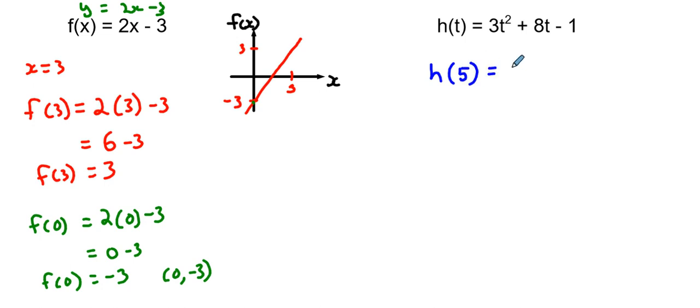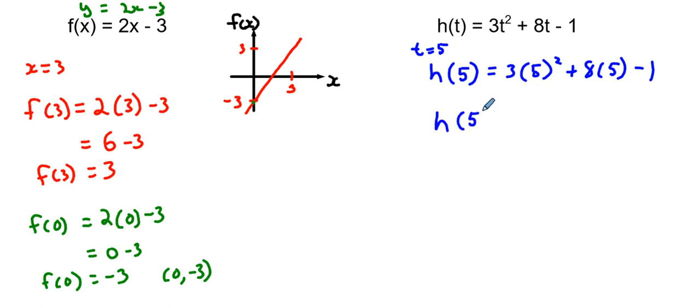And I do that by substituting in for t with 5. So we are solving here when t equals 5 is what we're actually substituting in, right? So I'll put 3 times 5 squared plus 8 times 5 minus 1. So every time I see the t, I replace it with 5 in my equation. This is now the function evaluated at t equals 5, so it doesn't change.